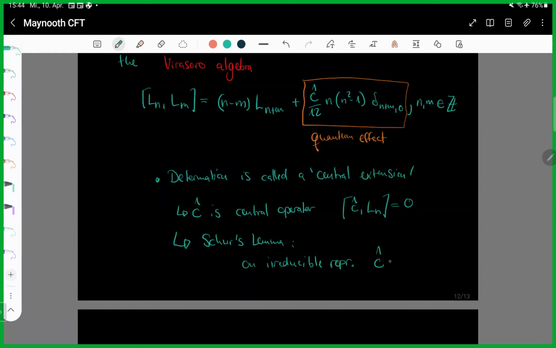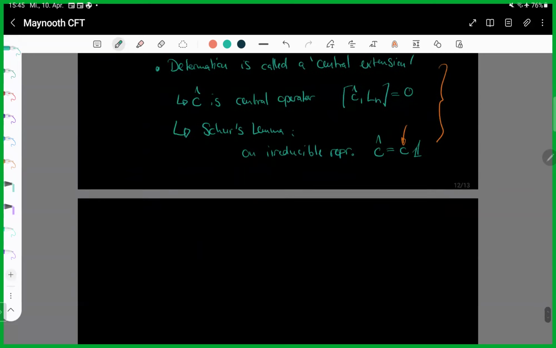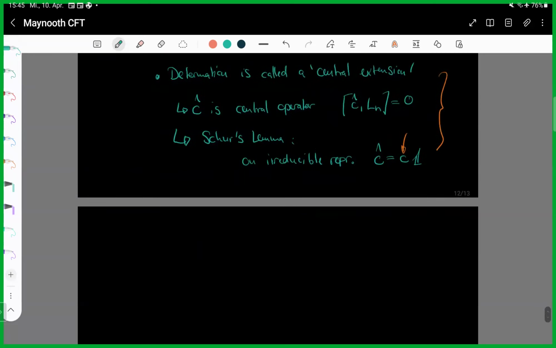The only conclusion is that we can basically think of this C hat as a number C. For our purposes, it's going to be a real number, just multiplied by the identity operator. That's it. So the whole point of my little excursion was to say that we can really just think of it as a number, full stop. Nothing scary going on. And in the future, I'm only going to write only this.